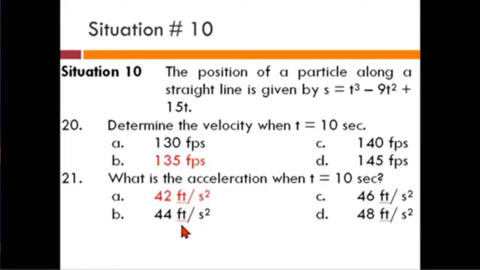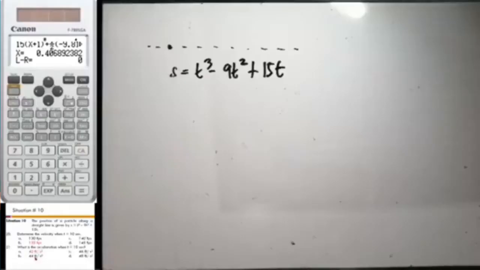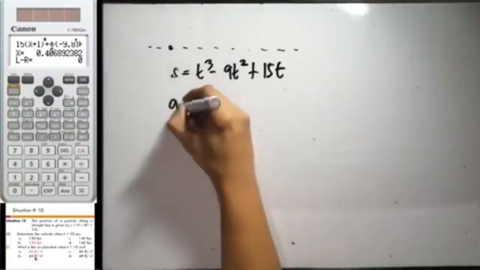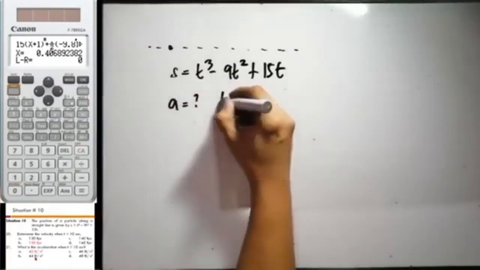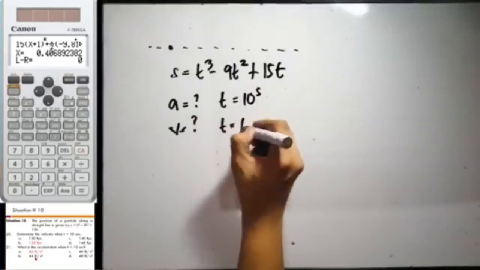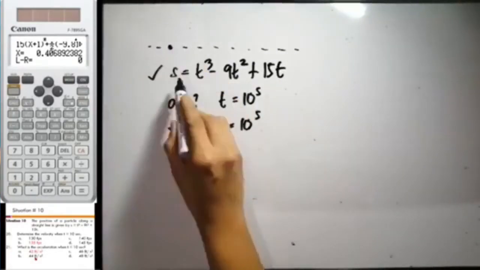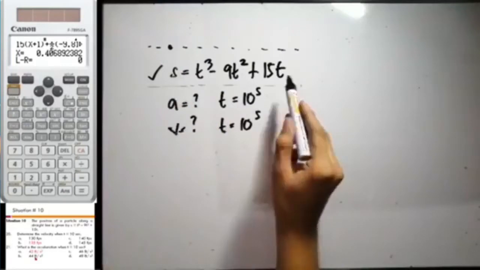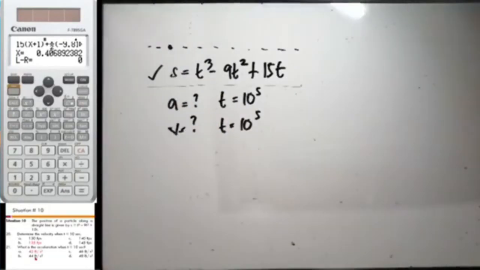Determine the velocity when time is equal to 10 seconds and acceleration when time is equal to 10 seconds. Okay, so ayan. Natanong, acceleration when time is 10 seconds at velocity when time is 10 seconds. Ang meron lang tayo is equation of displacement as a function of time.